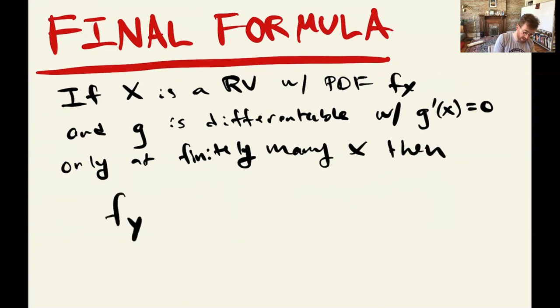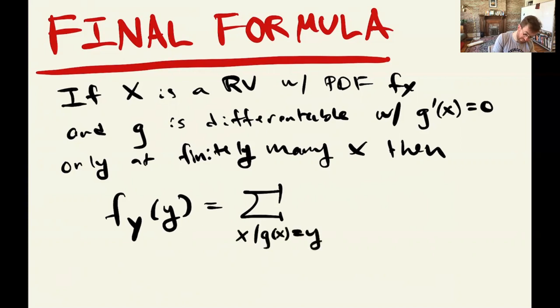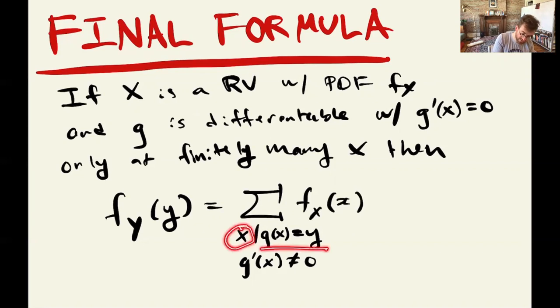the PDF for Y, which is going to be defined as G of X, is the sum over all X such that G of X equals Y. And again, I'm assuming that G prime of X is not equal to 0 at these points. I take the PDF of X, evaluated at these little x. So I look for x that satisfy this condition, meaning it gets sent to y.